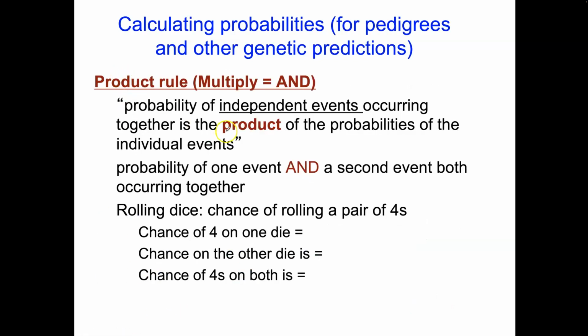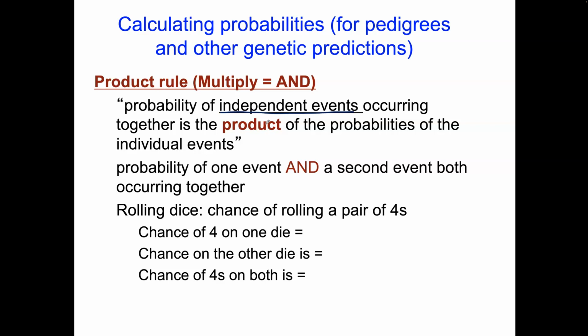Okay, product rule. So this is the product of probability of independent events occurring. That means the probability of one event doesn't actually affect the other one. So if you have one baby born and then the next, maybe 2 years later, there's another baby born and the first one was male, the baby that is coming doesn't check to see if a boy has already been born and then decide to be a girl instead, that kind of thing.